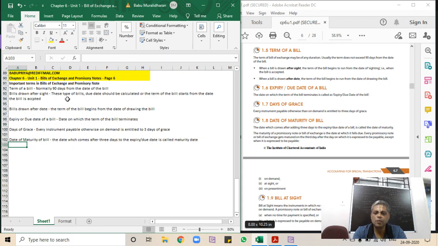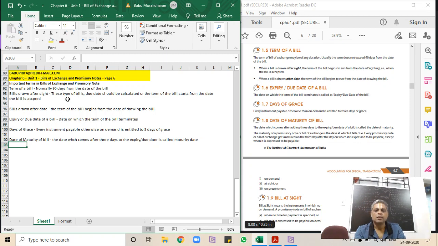So the maturity of a promissory note or bill of exchange is the date on which it falls due. Every promissory note or bill of exchange matures on the third day from the day it is expressed to be payable, except if it is specified to be payable on a particular date, or if the bill says it should be paid on demand, on sight or on presentment.